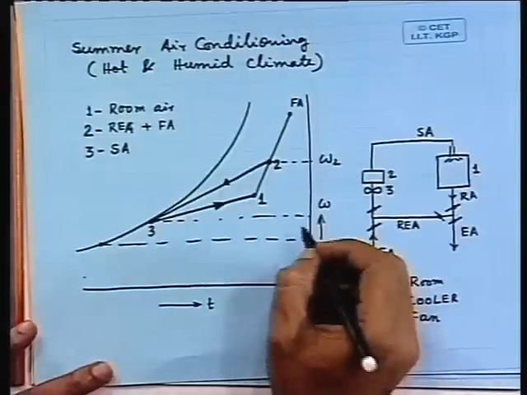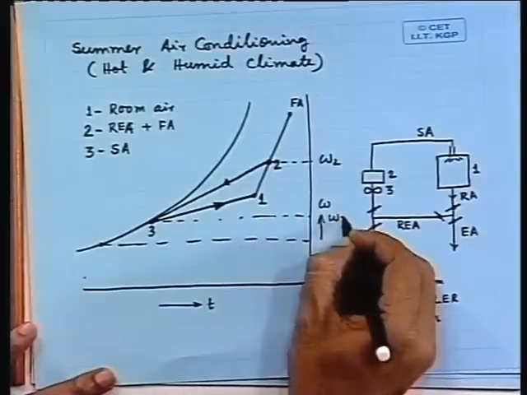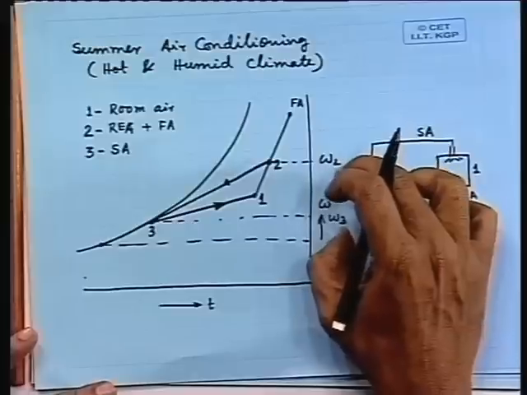So, what can we do? We have to cool the air to a very low degree, so the apparatus dew point temperature will be very, very low. Here W2 is the condition of air, and taking the bypass factor into consideration, this is W3. So W2 minus W3 has to be quite large.